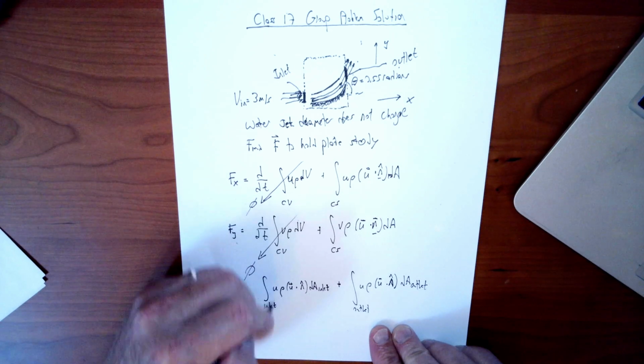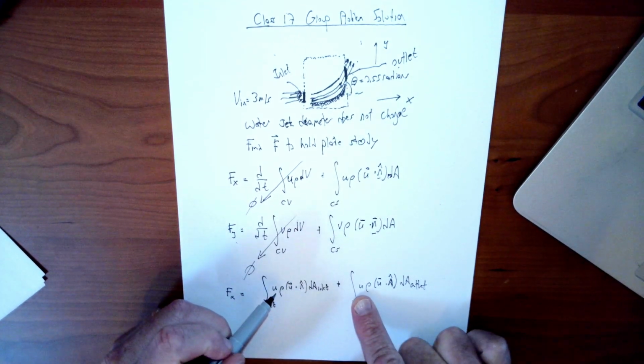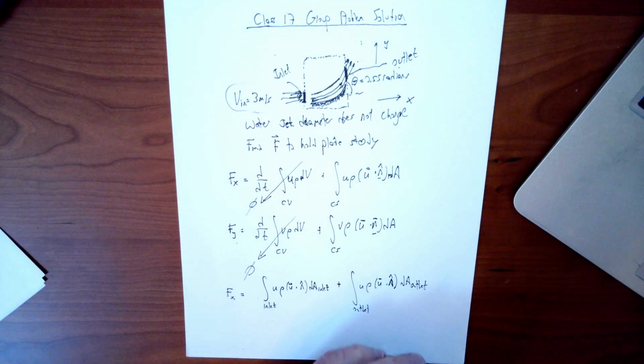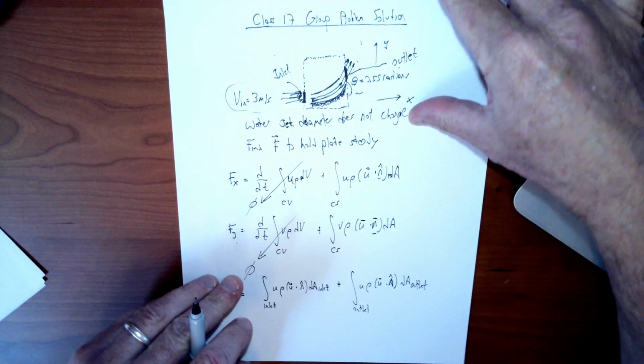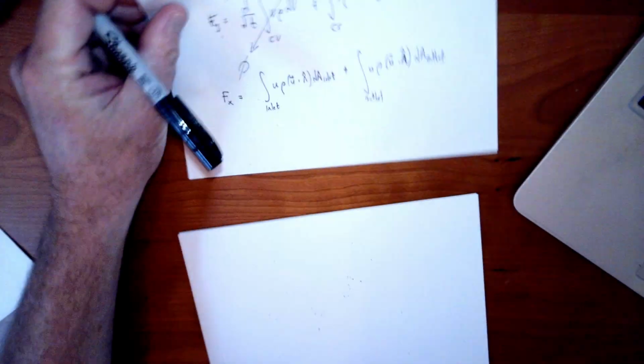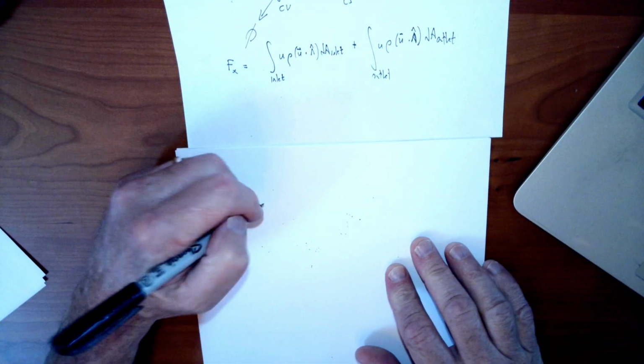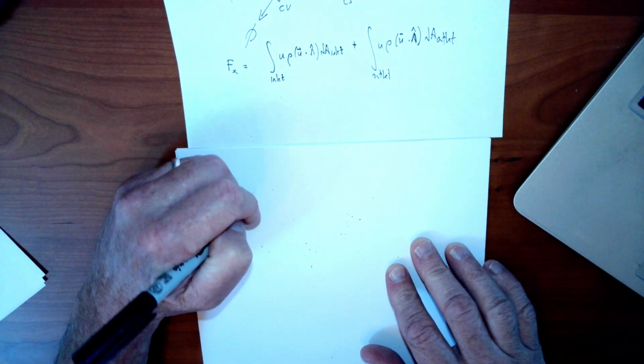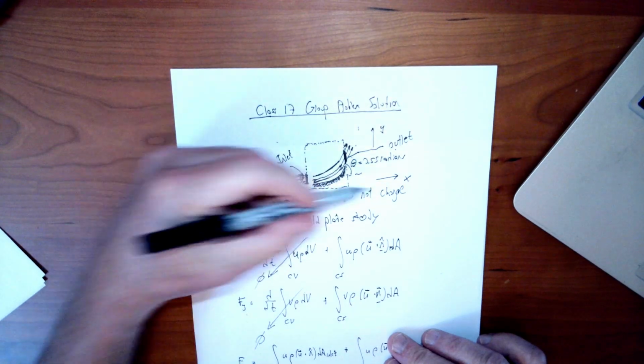Now, I have u here and u here, but these u's are not going to be the same. The u at the inlet is going to be this 3 meters per second. In order to see that, I'm going to write my real u. So my real u at the inlet, I've been told it's 3 meters per second. And which direction is it going? Well, at the inlet, it's only going in the x direction.